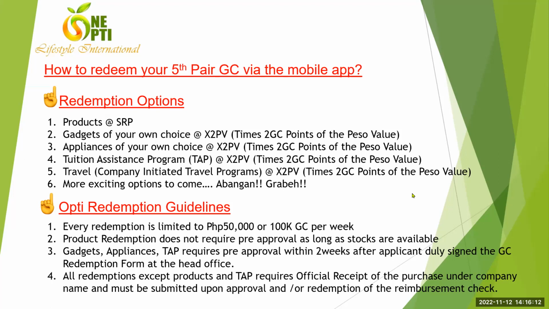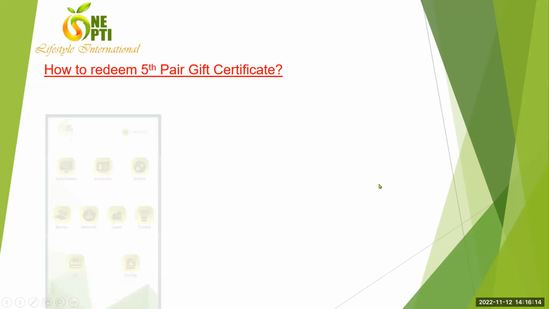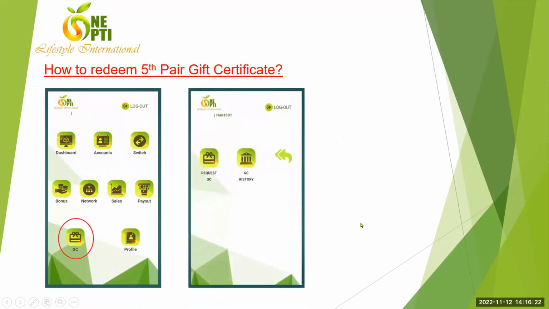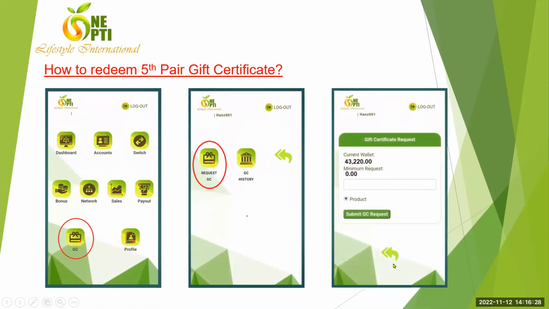All right. Now, moving forward, this is how you can proceed with the redemption. Just click on the GC icon. After you click on the GC icon, click on Request GC. That's another icon. From this page, you will now see that under your gift certificate, I have 43,220.